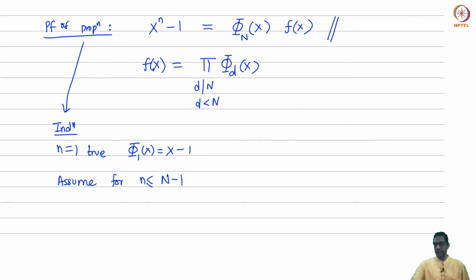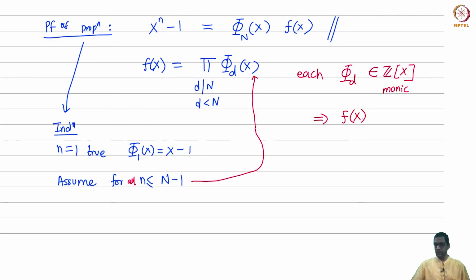Now just apply the lemma. By the induction hypothesis, each phi d has integer coefficients, and they are all monic. So their product is also integral and monic.